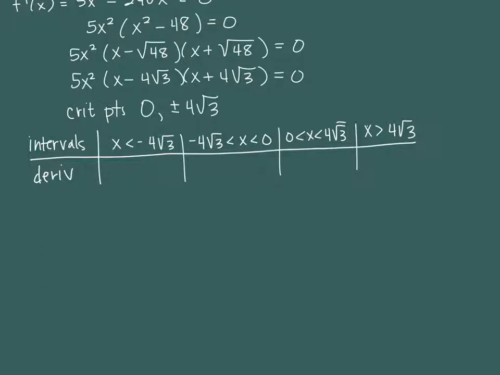So since 4 rad 3 is the square root of 48, we know that the square root of 49 is the closest number to that, and so the closest whole number would be the number 7. And so we would plug in the number 7 to that and see what would happen, and negative 7 maybe.